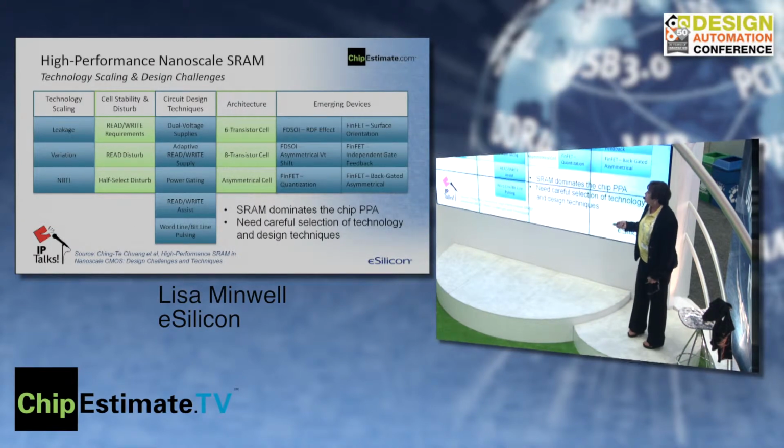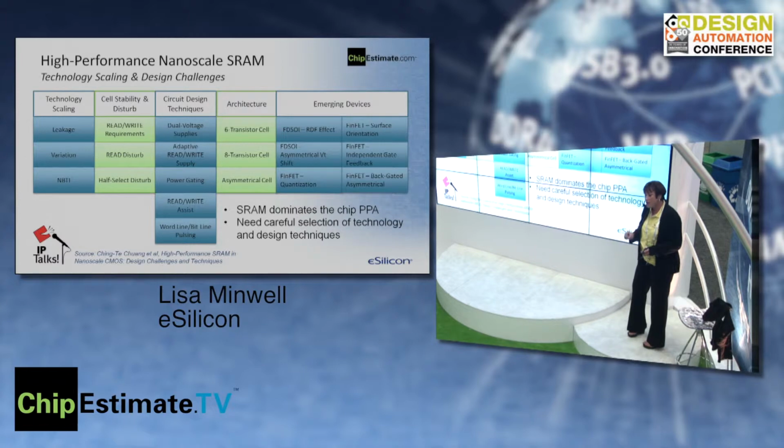So if you look at SRAM in particular, SRAM has had a very difficult problem scaling from one generation to the other. If you look at the logic, it's pretty regular how it's been scaling from one technology to the other. But if you look at an SRAM bit cell, for example, and if you look at a general foundry presentation that's out there, you'll go to a symposium or what have you, and they'll say, oh, you're going to have this performance and this leakage improvement from one technology to the other.